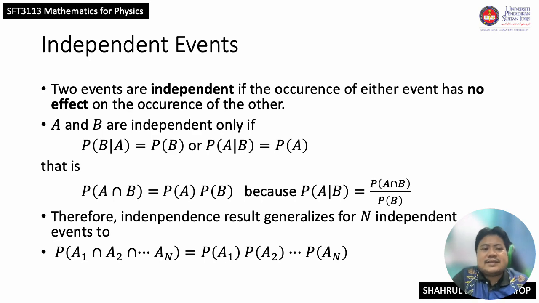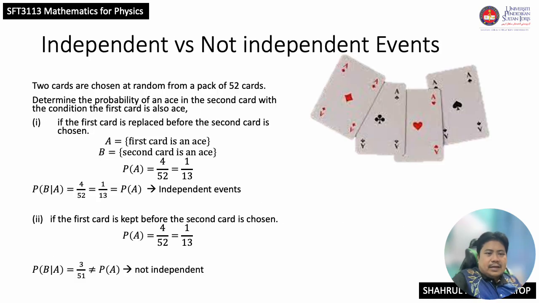Let's look at an example. Two cards are chosen at random from a pack of 52. Determine the probability of an ace in the second card with the condition that the first card is also an ace. Let's define event A as the first card is an ace and B as the second card is also an ace.